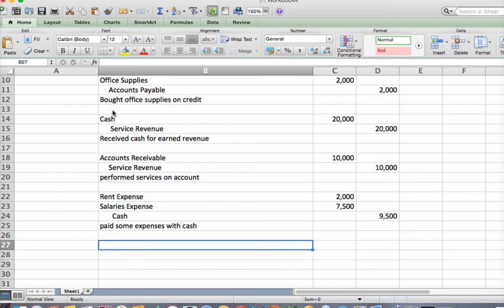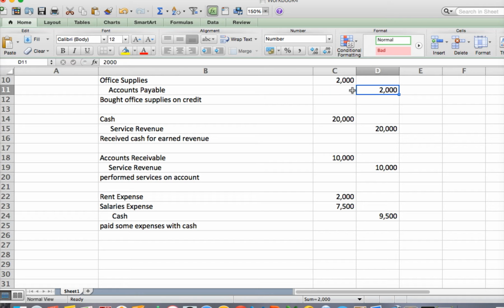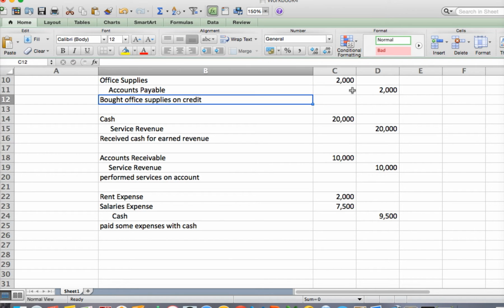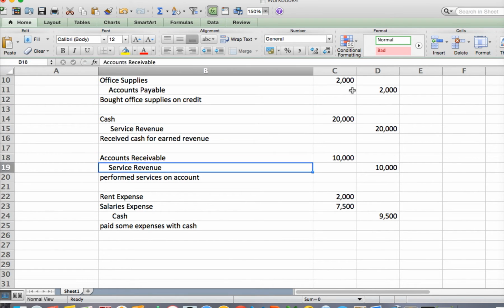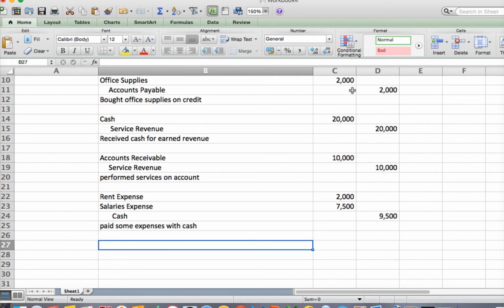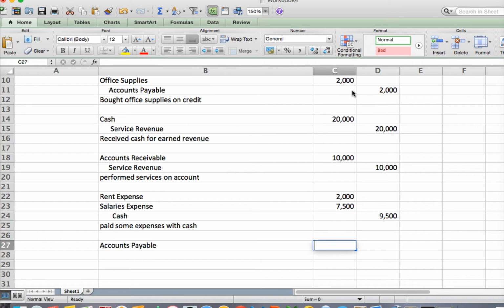Okay, so now this account payable up here for $2,000 that we already did, we owe that money, and now we're going to pay it all off. So we have a credit of $2,000 in the accounts payable account. We want to get rid of that balance, so I'm going to want to debit that account for $2,000.